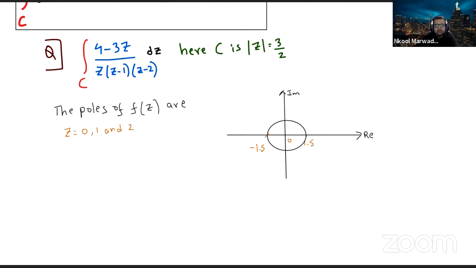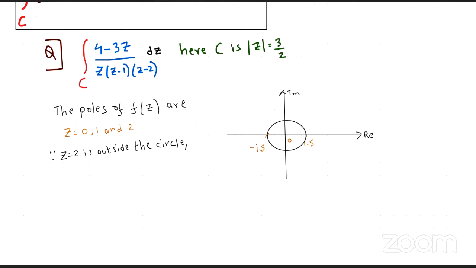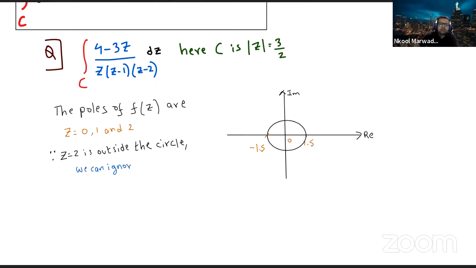Now I have a circle. This point is minus 1. Now, if I look at it, point 0 is within the circle, point 1 is also within the circle, but point 2 is outside the circle. So we can ignore the point 2, since z is equal to 2 is outside the circle. So now we have to focus on 2 points, z is equal to 0 and z is equal to 1.